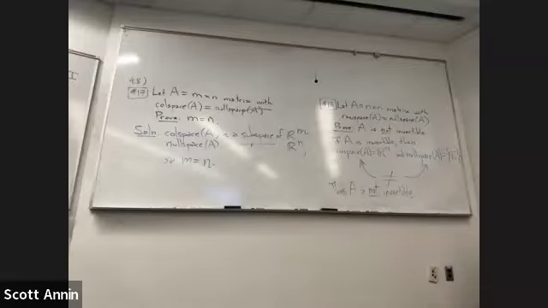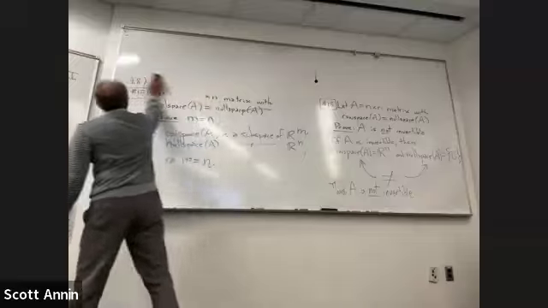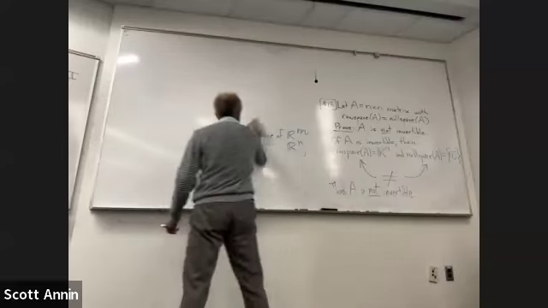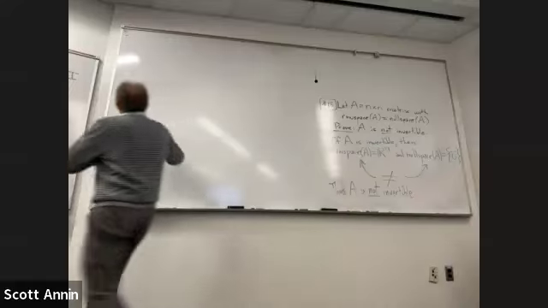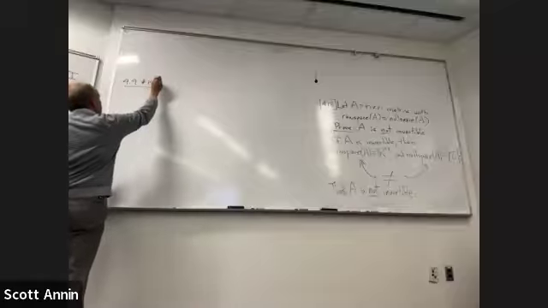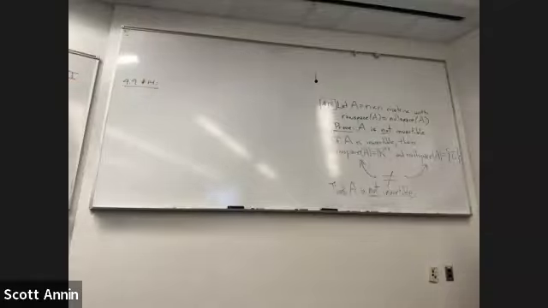Somebody's got number 14 from 4.9 up here as well. Let's take a look at that while we have all this stuff up on the board to help ourselves with. So let's look at 4.9, number 14 as well.